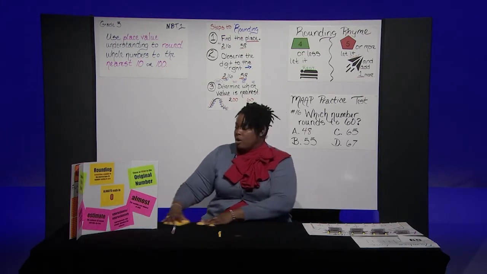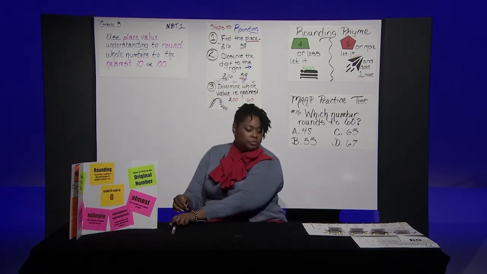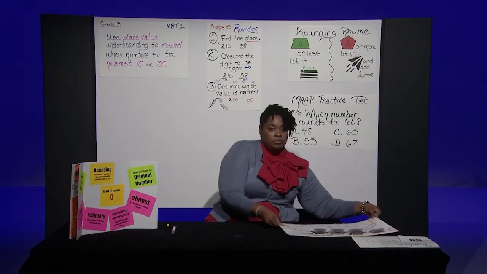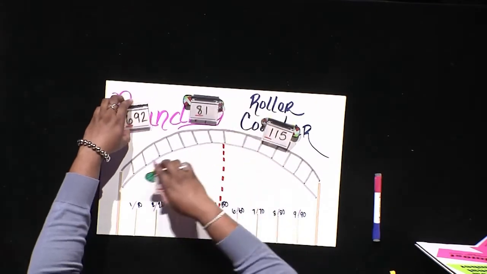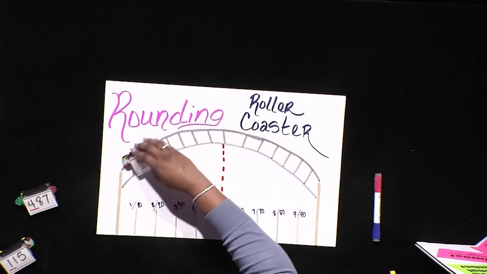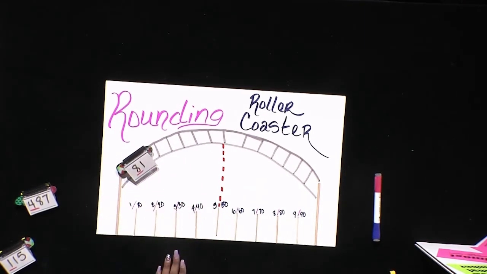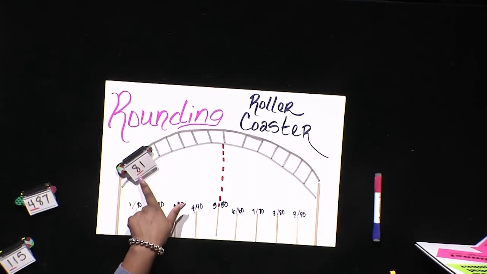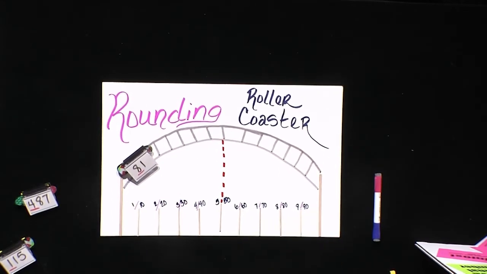Let's start with our roller coaster. Now, here's my number, 81. What is this I'm rounding to? What place is that? 81. Right, so that's my tens.